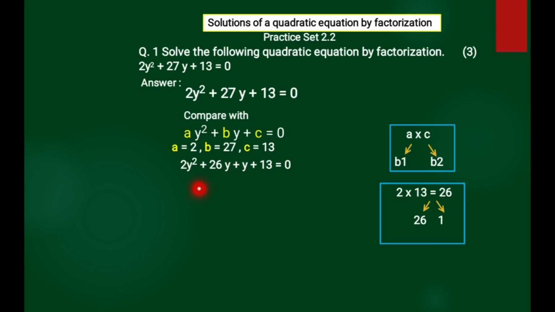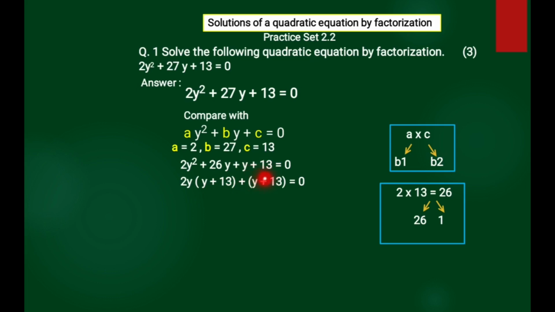We have to take 2y common from the first two terms. After taking 2y common, we get in bracket y plus 13, because 2y into y is 2y square and 2y into 13 we get 26y. From the last two terms we have to take one common only, because we require the factor y plus 13.